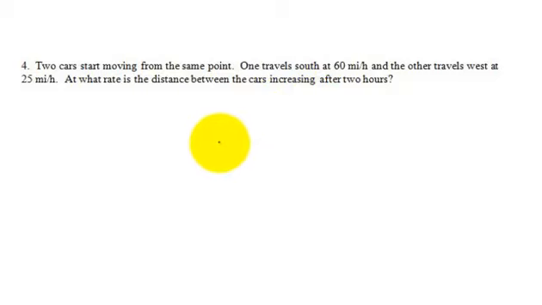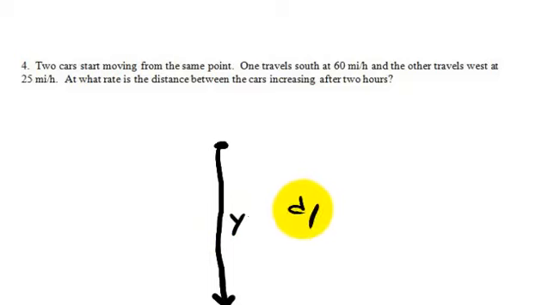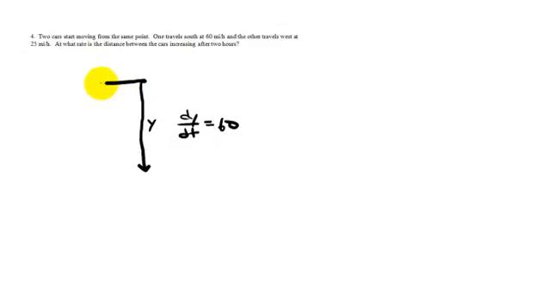Okay, so let's say we start here. One car is going south, and we'll call that y, and I know dy/dt is 60. Now if I'm going west, and I'll call that x, that car is going at a speed of 25.